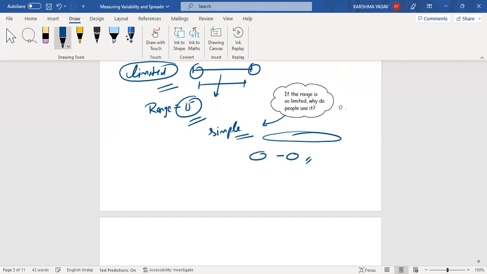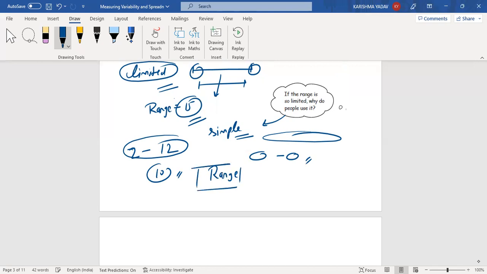It is so simple to calculate. If we talk about the range of ages, like 2 to 12, what is the range? That is 10. People will easily understand what you are trying to say when you tell them the range.